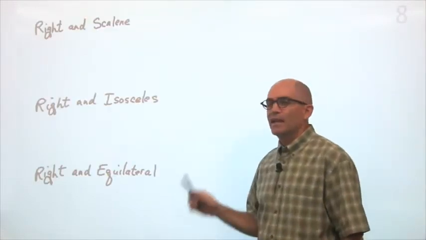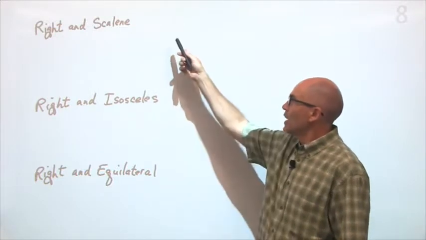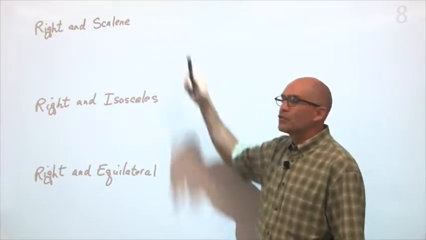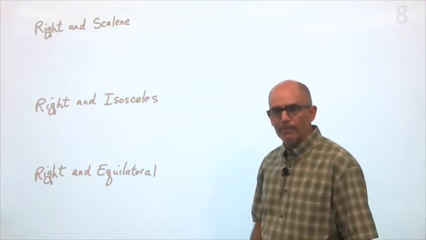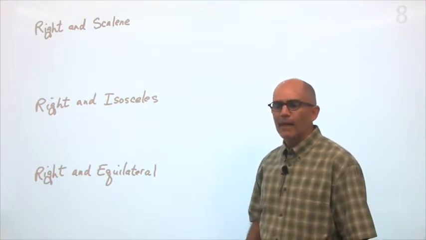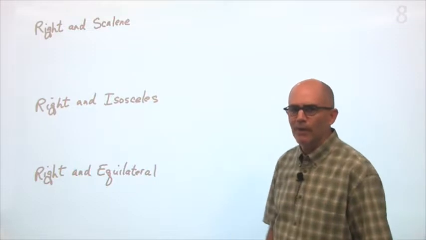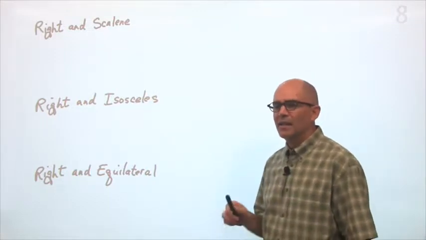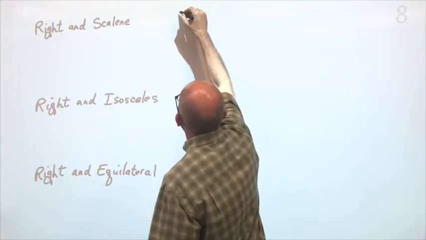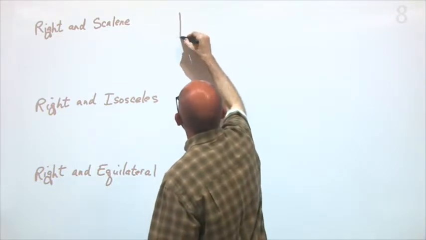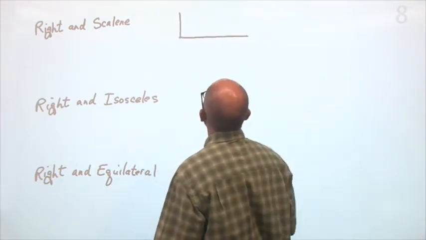Now, can you draw a triangle that's both a right triangle and a scalene triangle? Okay, try it. Right triangle and scalene. Let's try it. So it's got to be a right angle. Let's put a right angle in here. Now, here's the thing.